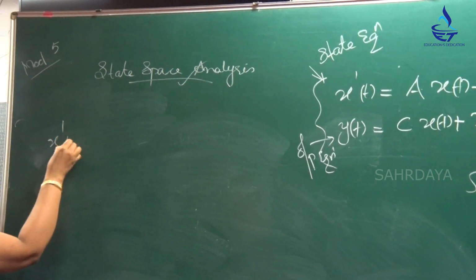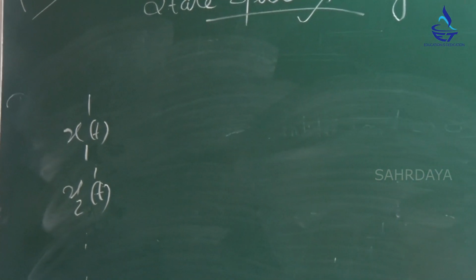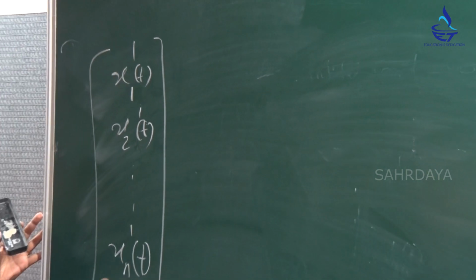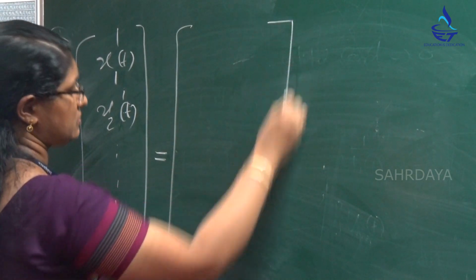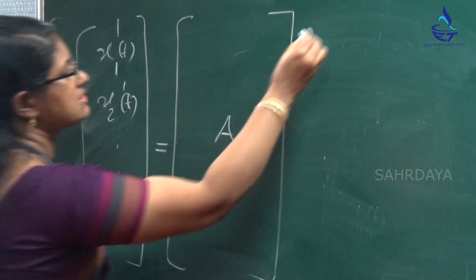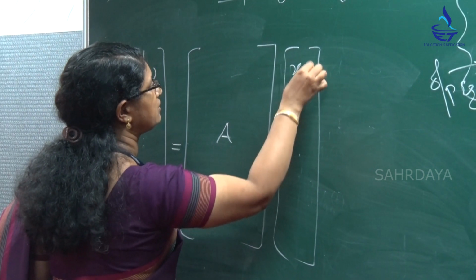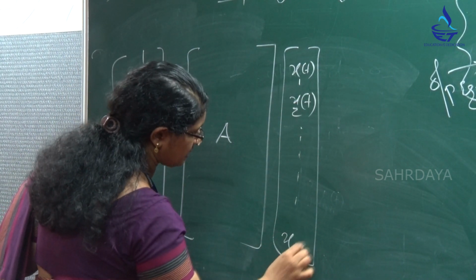x1 dash of t, x2 dash of t, etc. up to xn dash of t, a column vector equal to a matrix A with certain values and another column matrix x1 of t, x2 of t, etc. up to xn of t.